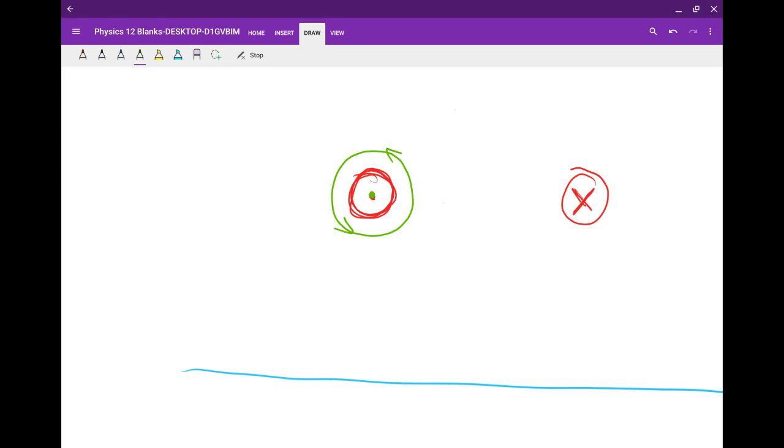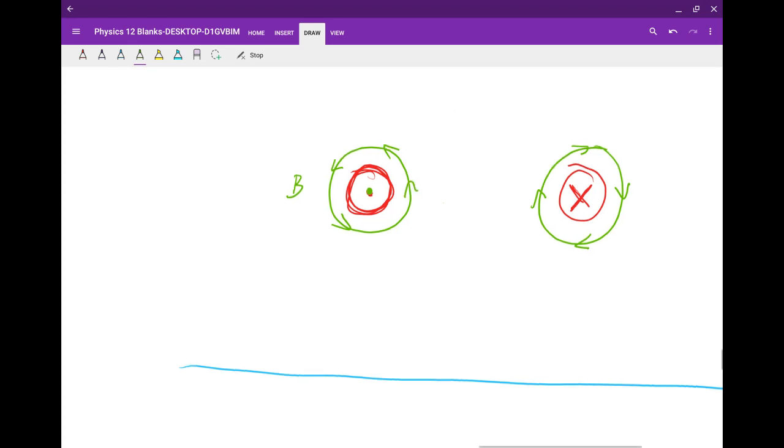And my fingers are pointed in the direction of the magnetic field. Over here, with the current going towards us, basically the magnetic field is going around in this direction, like that.